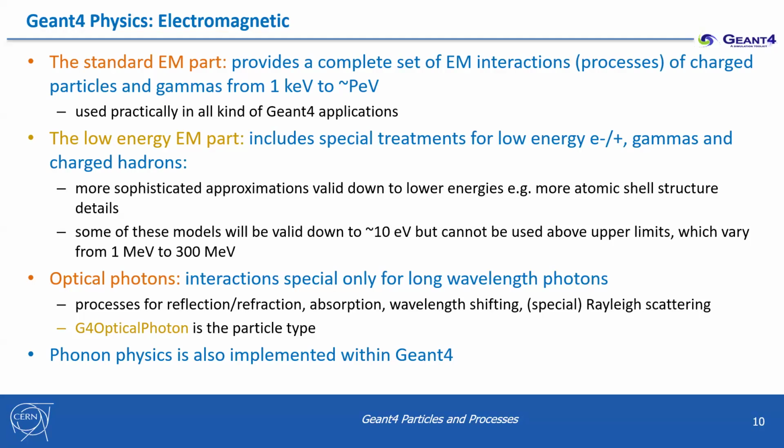Some of these models are even valid down to 10 electron volts. But those which work at very low energy cannot be used for high energy, depending on particle type. For example, for electrons, currently it is 1 MeV. For proton or alpha particle, it's 300 MeV.